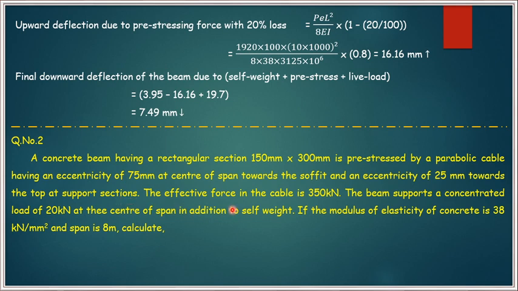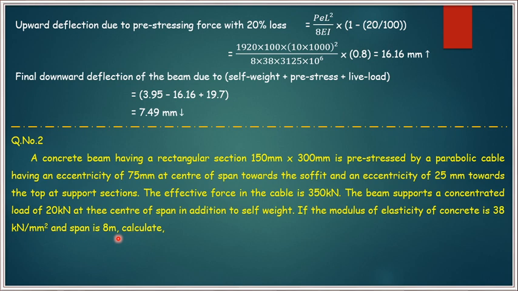The effective force in the cable is 350 kilonewton. The beam supports a concentrated load of 20 kilonewton at the center of span in addition to self weight.